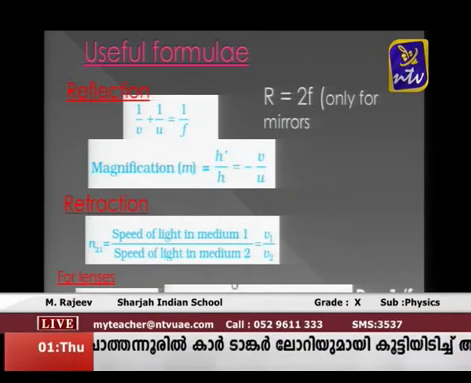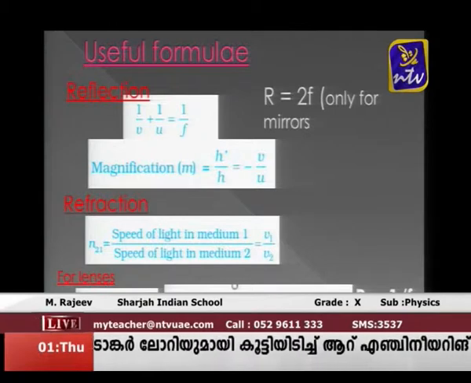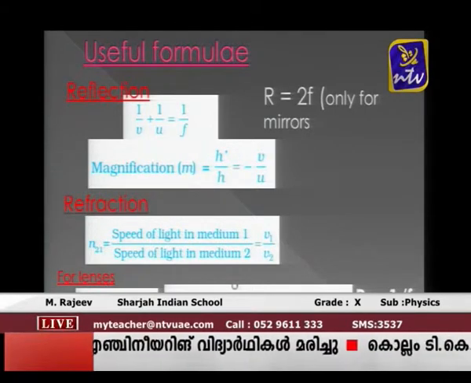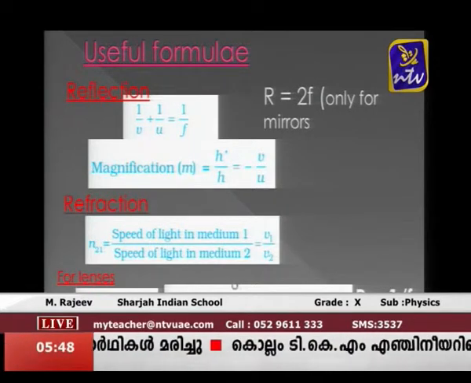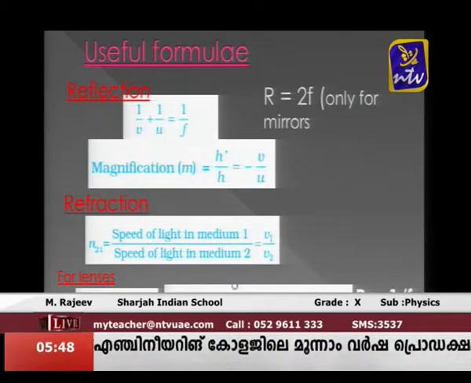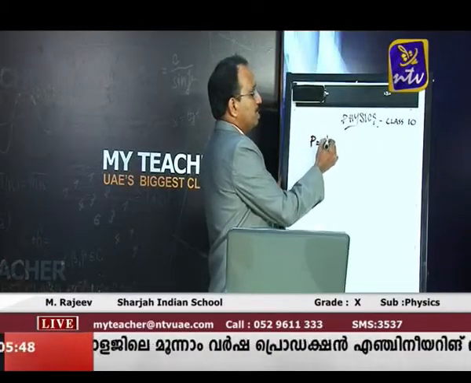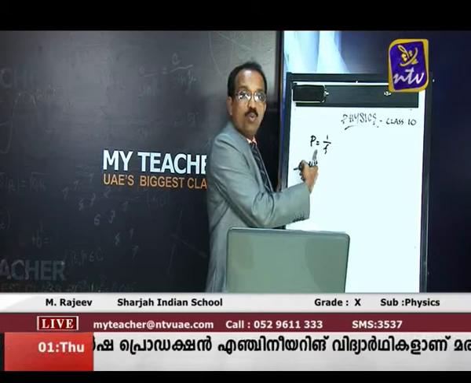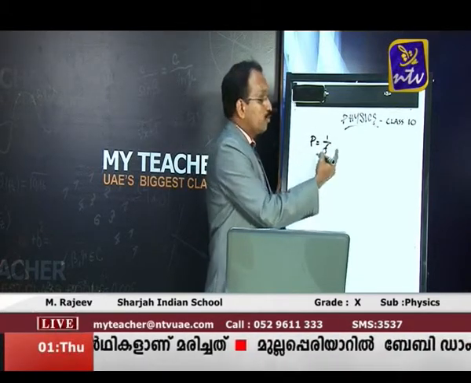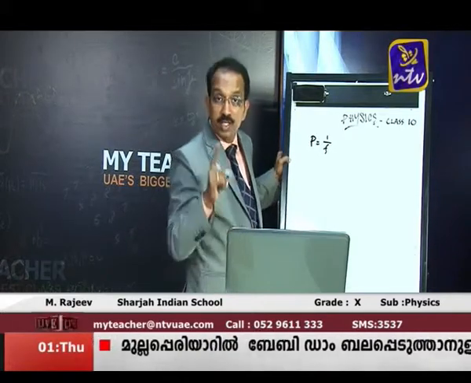This equation I have shown you already, but when we write P = 1/f, that is to calculate the power only if the focal length is in meters. Power is the reciprocal of focal length, but remember this focal length must be in meters.